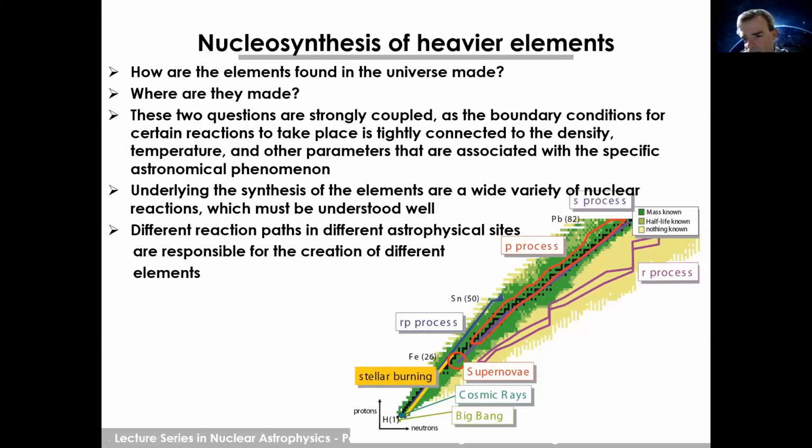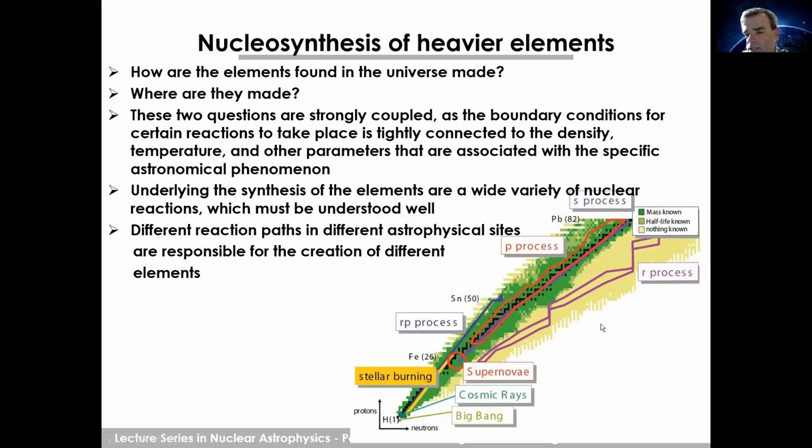On the right-hand side here, there's a picture which has the chart of nuclei. I think in the following lectures, you will see much more detail of this. Inside this chart of the nuclei, there are different reaction paths that indicate different ways to create nuclei. For example, a very famous one is the r-process, the rapid neutron capture process, which takes place involving many unstable nuclei, very far away from the valley of stability, which are these black dots right here.